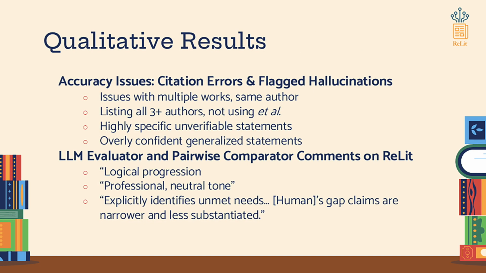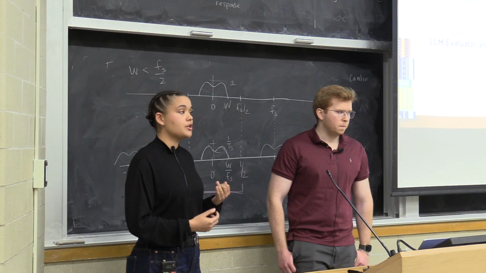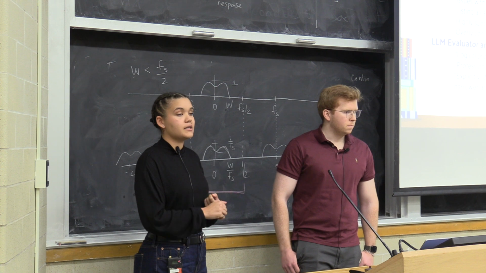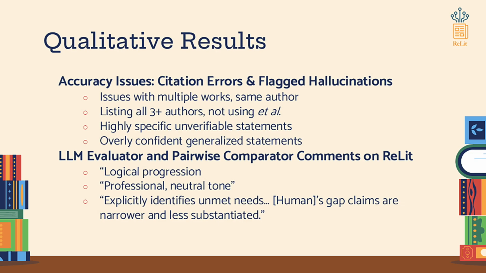Based on our visual inspection of the evaluator subsystem's flagged issues and the LLM justifications, we can see the major barriers to high accuracy are citation errors and flagged hallucinations. These are often a cause of inconsistent APA styling, overly generalized or highly specific statements made without explicit or implicit citations.